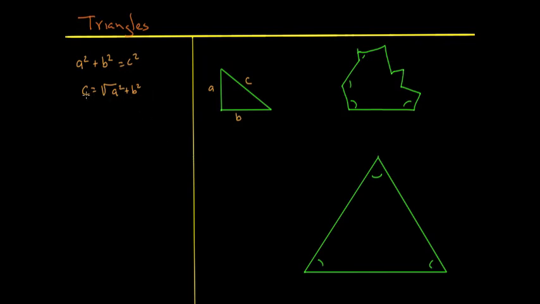And that gives us the actual size of C, not C squared, which is usually what we're really after. And you can manipulate this formula around too to find, if you know C and B, you can find A. Anyway, here is the hypotenuse. It's this side here.